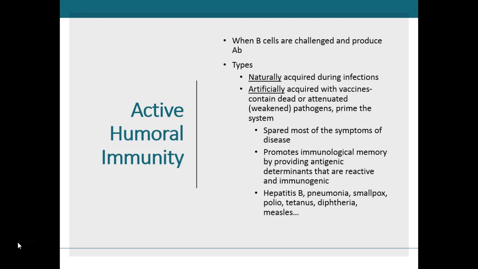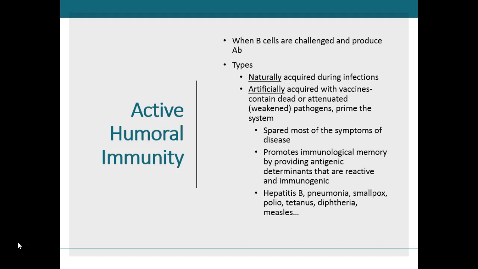Artificially, as I mentioned, is when you stimulate the immune system to create those antibodies by giving those microbes, weakened versions of those microbes. But it's still active immunity because your body actively created those memory cells.